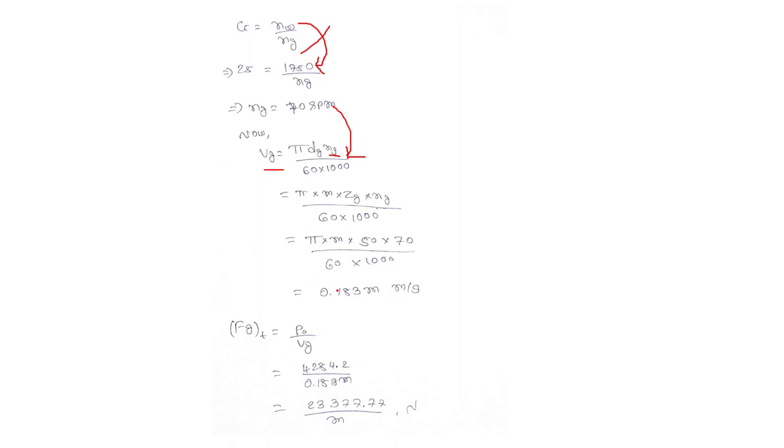From that we get the velocity in terms of module, which is 0.183 m. The tangential force Fgt is Po upon Vg. Putting the values of Po and Vg, we get 2337.77 by module.